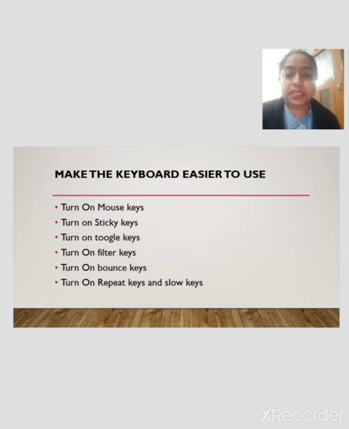Next one is make the keyboard easier to use, and these are the things you have to turn on: mouse keys, sticky keys, toggle keys, filter keys, bounce keys, repeat keys and slow keys. If you turn on all these keys, you will see that your keyboard is easier to use.